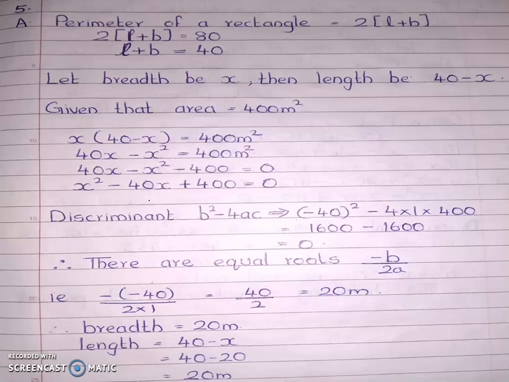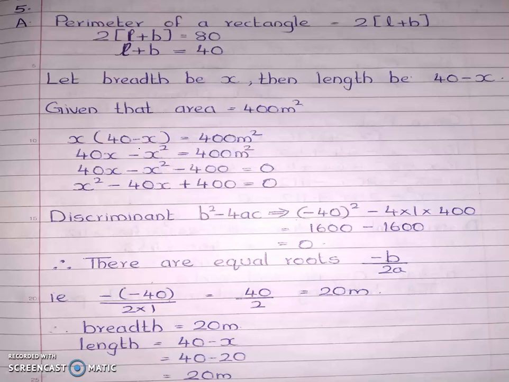Next question is about perimeter of a rectangle. The perimeter of a rectangle is given as 80. So, 2 into length plus breadth is 80. I am taking this 2 to the other side. So, 80 divided by 2, 40. If I take breadth as x, the length will be 40 minus x. Area is given as 400.